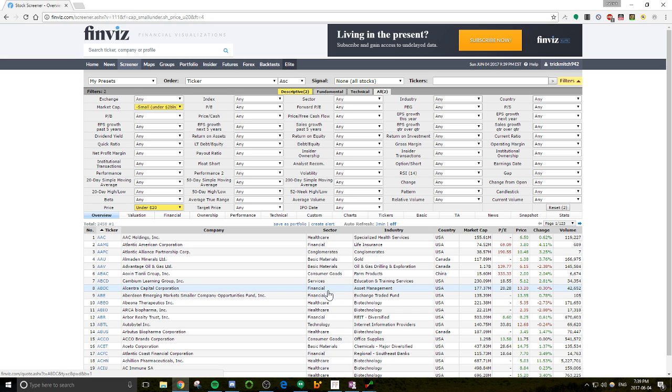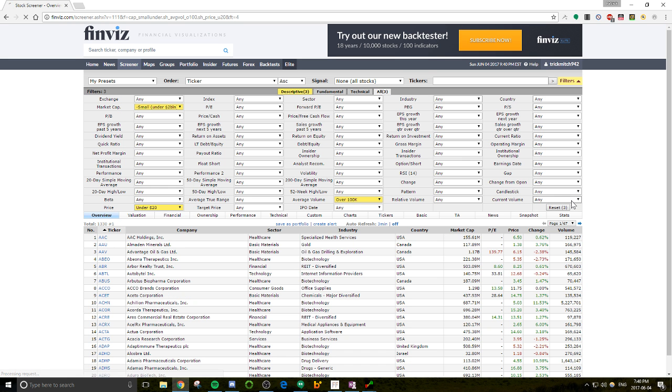Like news or some sort of PR piece or whatever, or a filing comes out that people get hip to, and then they end up buying it, increasing buying pressure and going up. So be careful with the average volume thing. You want to keep that fairly low, right? Because you don't want to be missing plays. So you've got to start somewhere. So let's go over 100,000, right? Then for current volume, you want to make sure it's over the average volume, because you want a high relative volume.